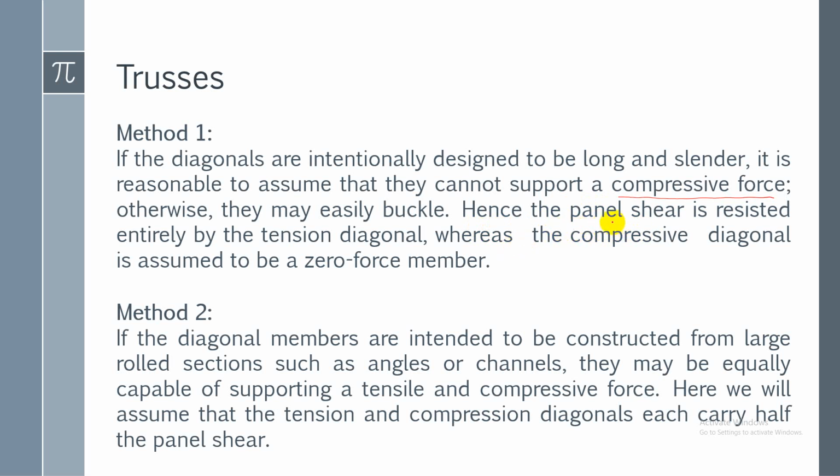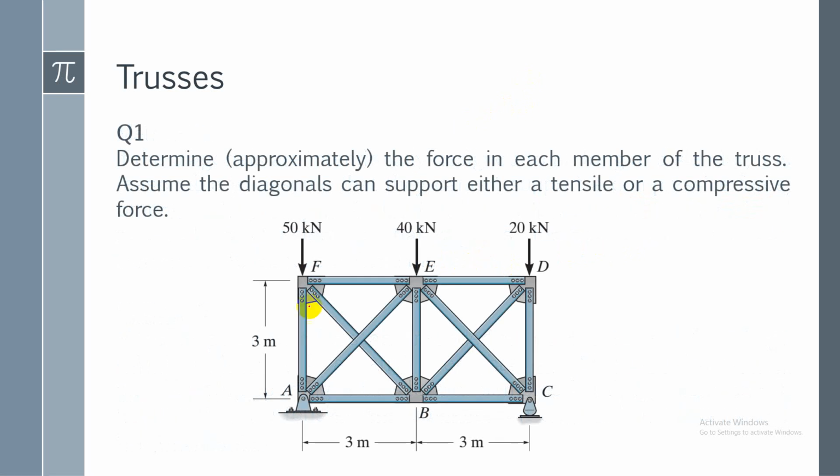Hence the panel shear is resisted entirely by the tension diagonal, whereas the compressive diagonal is assumed to be a zero force member.